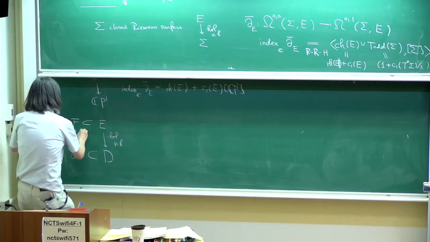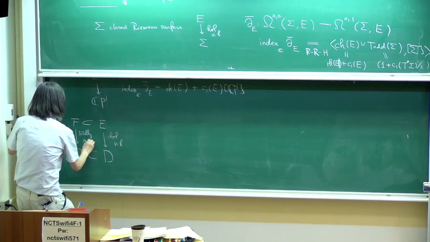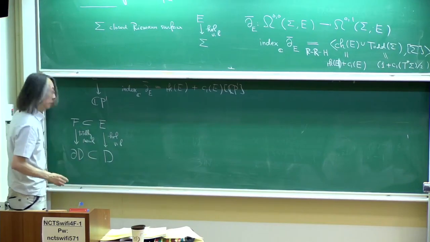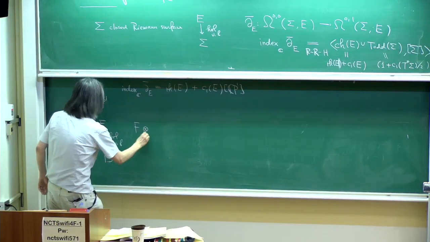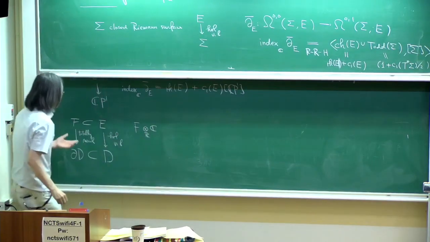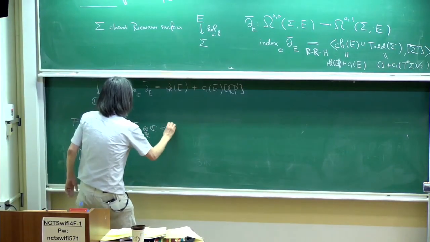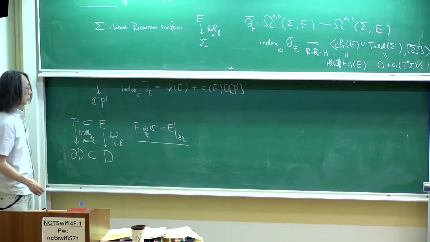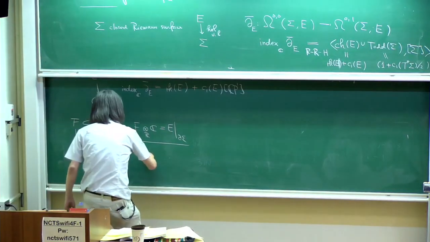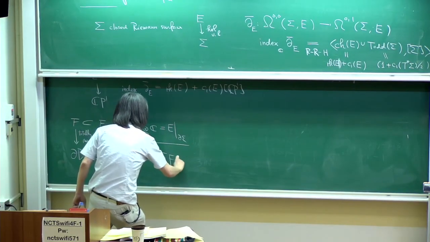And this one is the so-called totally real bundle. Okay. So namely, if you take the complexification of F inside of E, then it is like this, right? Maybe we may also say that F and square root of minus one times F is equal to E.